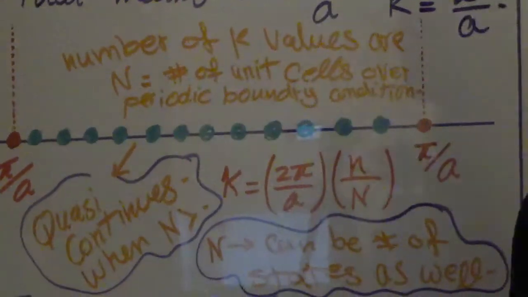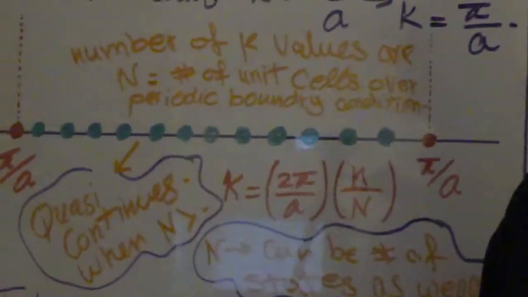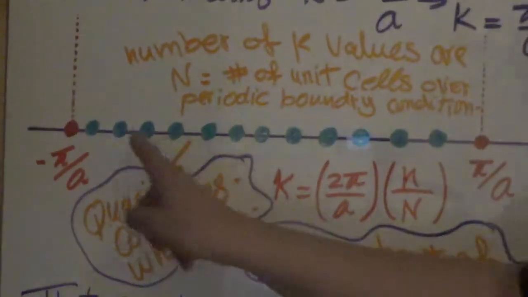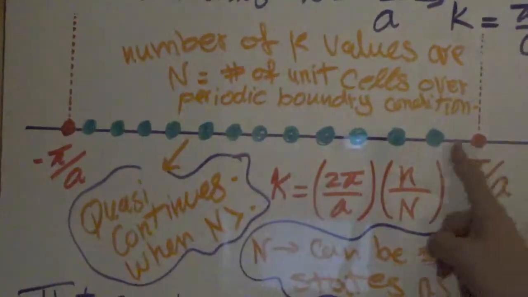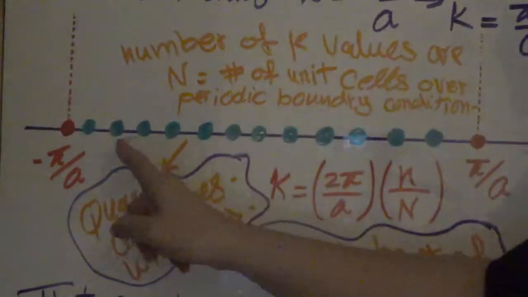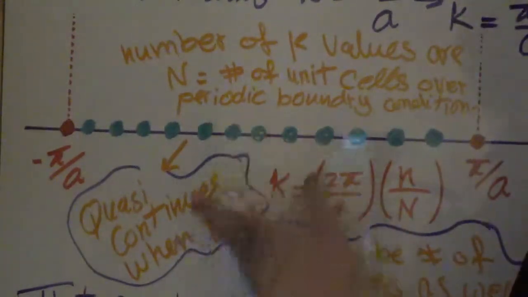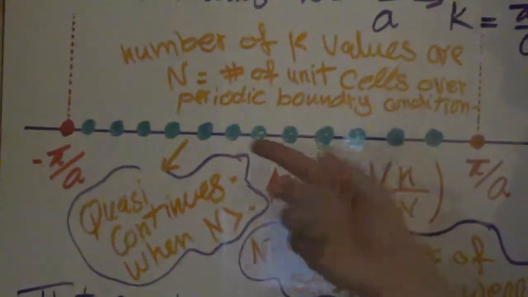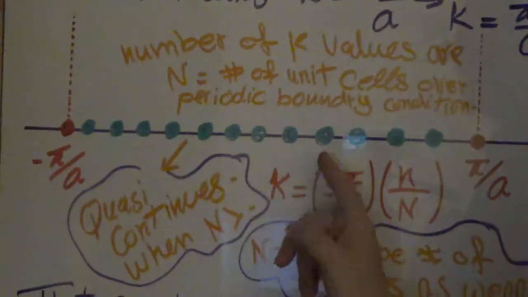As you can see right here, we have an array of atoms. These atoms are between minus pi over a and pi over a. Actually here I'm using k space, so these can be considered as points as well. You don't need to consider them as atoms.